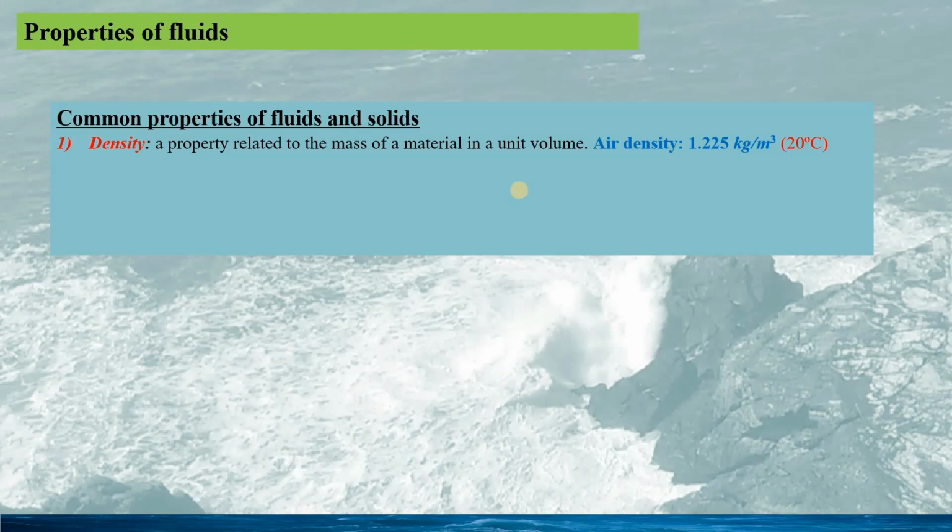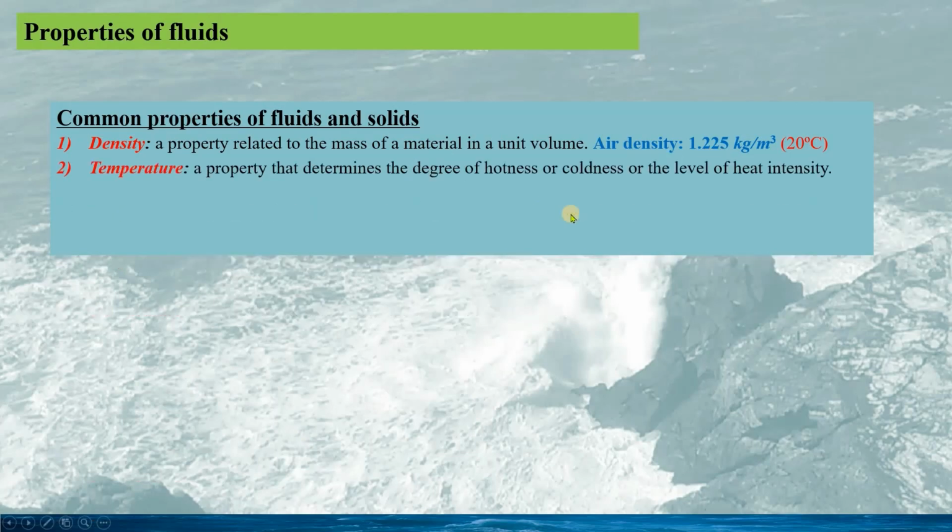The air has a density of 1.225 kilograms per cubic meter. Temperature is a property that determines the degrees of hotness or coldness, or the level of heat intensity.